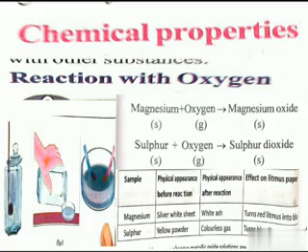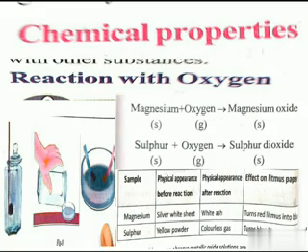Take a small strip of magnesium ribbon, observe its appearance, burn it, and note the appearance after burning. After burning the magnesium you will get ash.